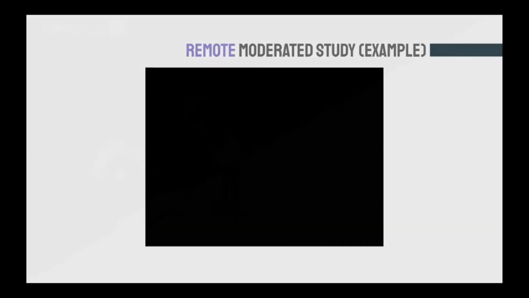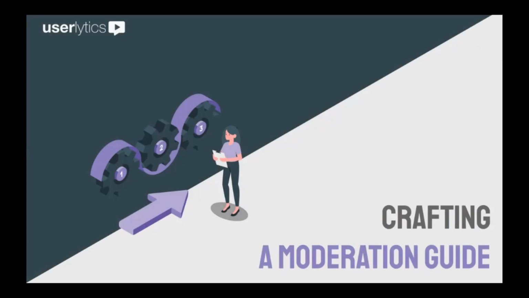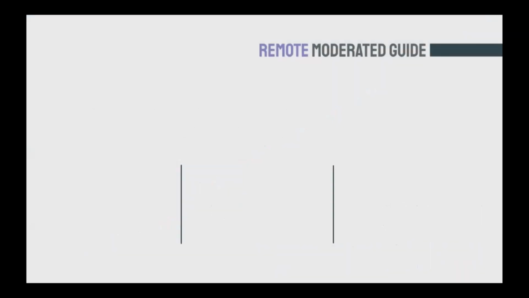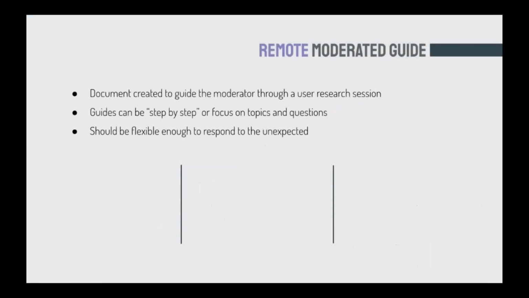So now I wanted to go into sort of how to craft a good moderation guide. So when you are going to begin moderating a study, it's always good to lay out a guide document that all of your stakeholders are on board with. Everyone's good with the stated goal. It's really a guide to help you move through the research session.